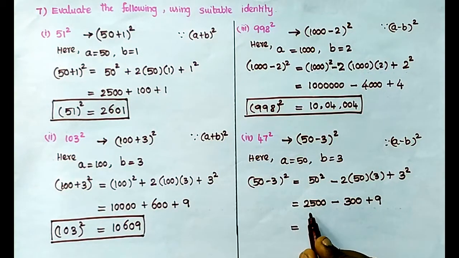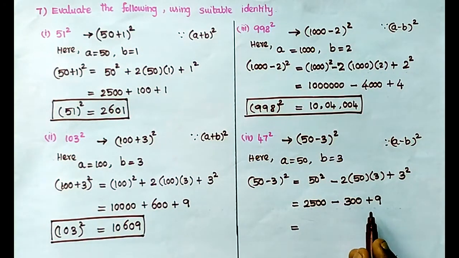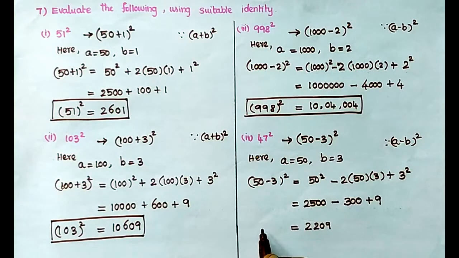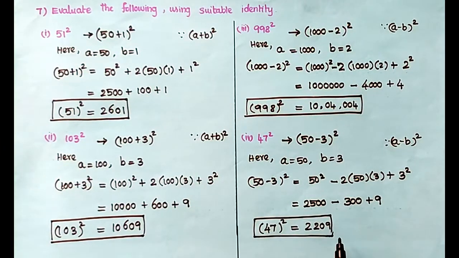Now 2500 minus 300 plus 9, we get 2209. That is how much? 47 squared. That is the answer.